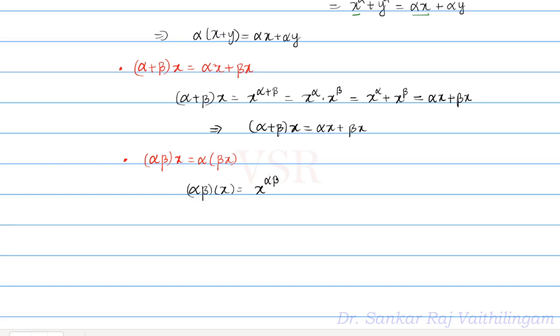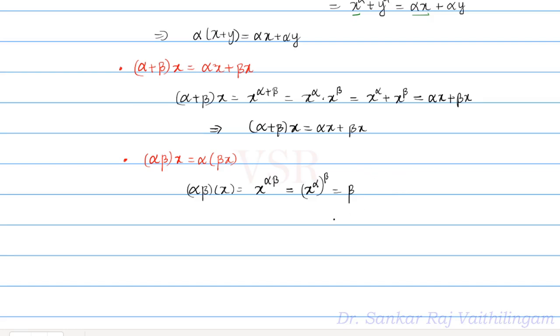Very simple. And we know that this is equal to x to the power alpha, the whole power beta. So this is equal to beta times x to the power alpha. Beta or alpha, we can take either.